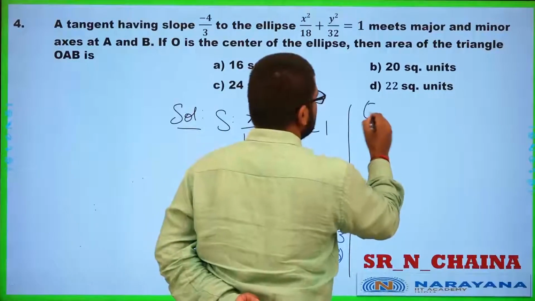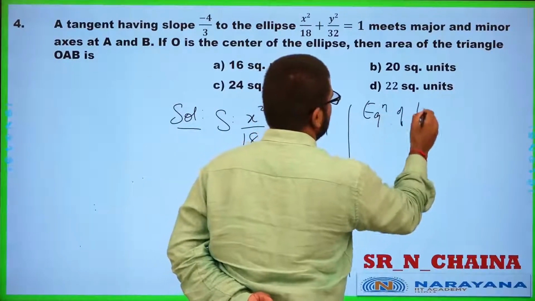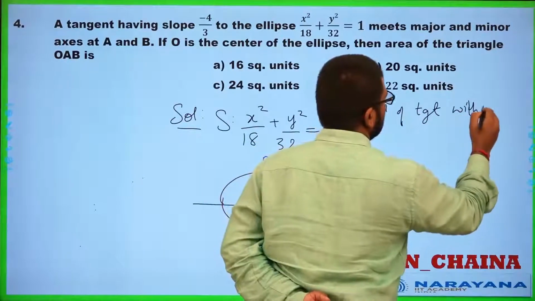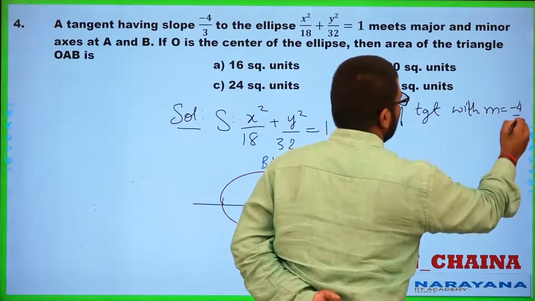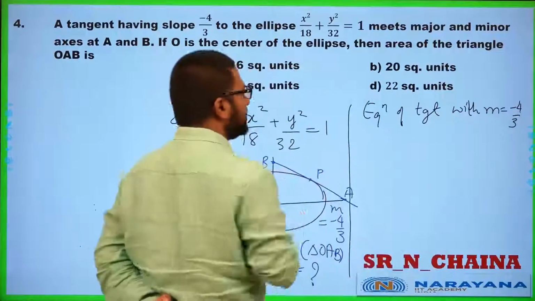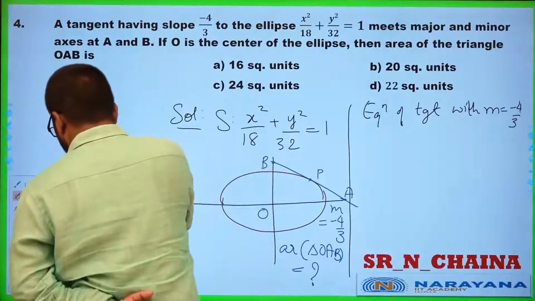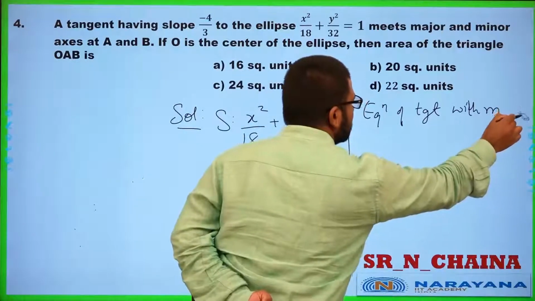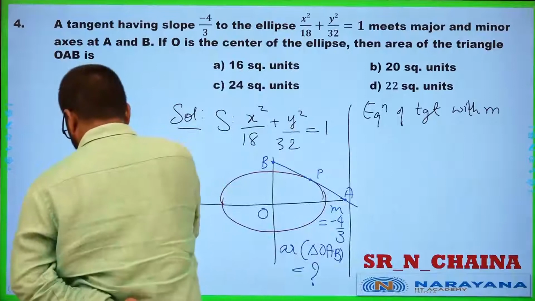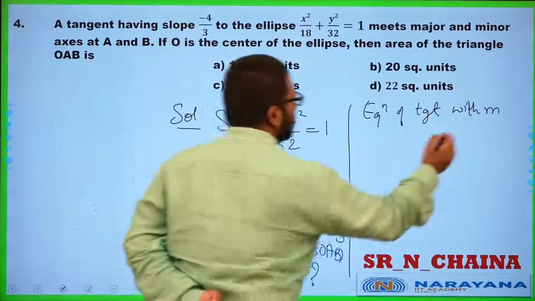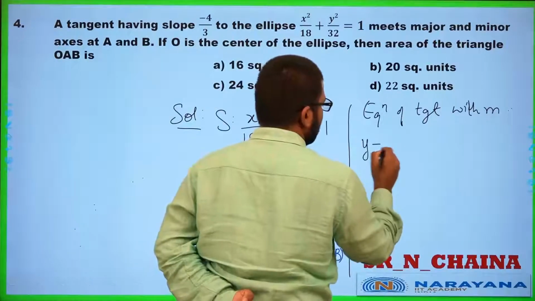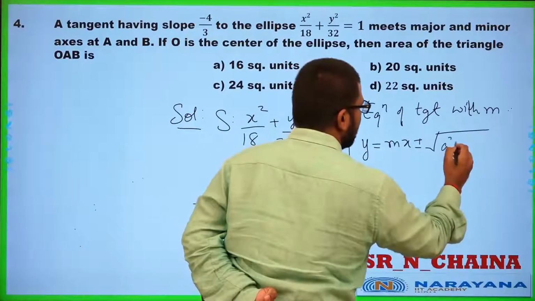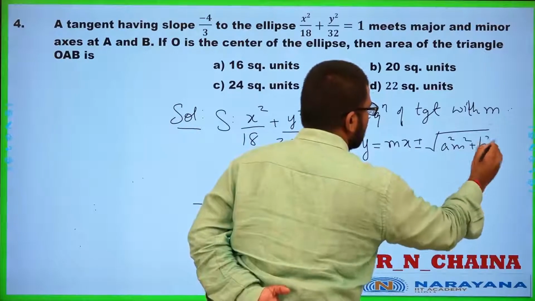So, the equation of tangent with slope minus 4 by 3. In fact, for any slope, let us write the equation: y is equal to mx plus minus root a square m square plus b square.